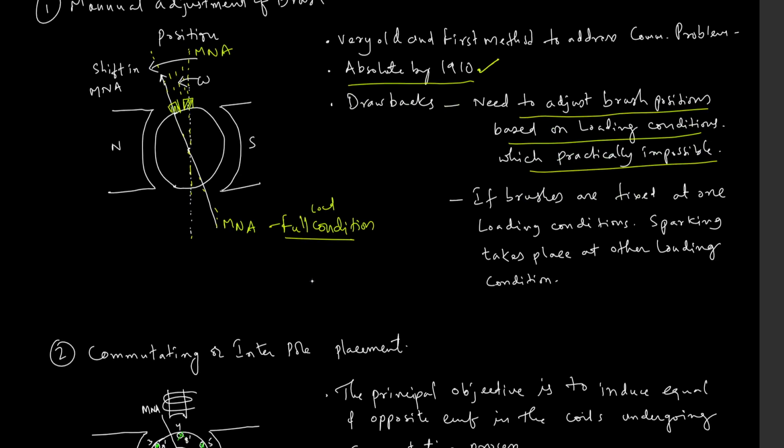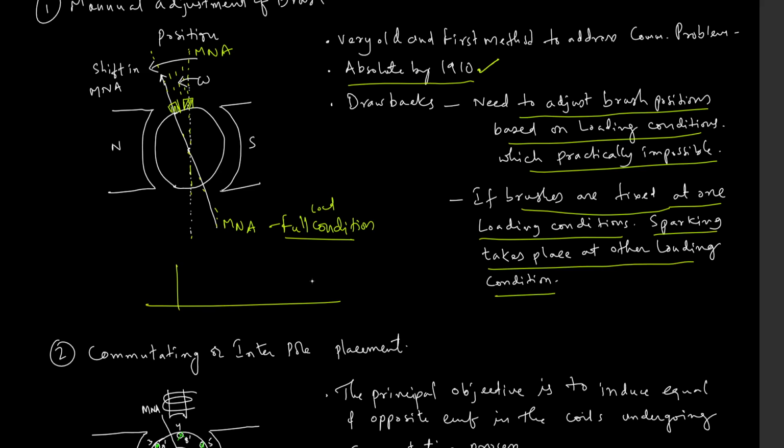And suppose we judiciously keep the brush position fixed at one loading condition, then sparking takes place at other loading conditions. Suppose the duty cycle of the generator has maximum duration for one particular condition, that is 3/4 load.